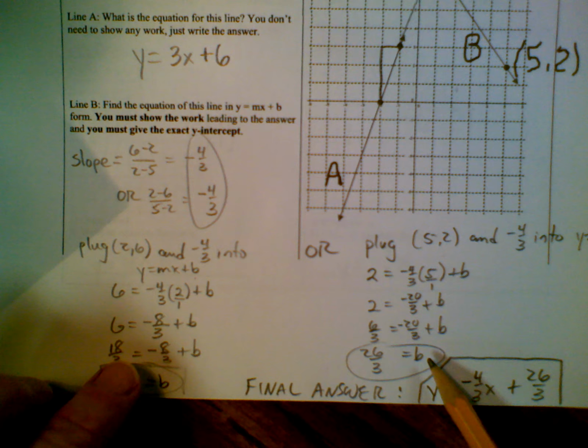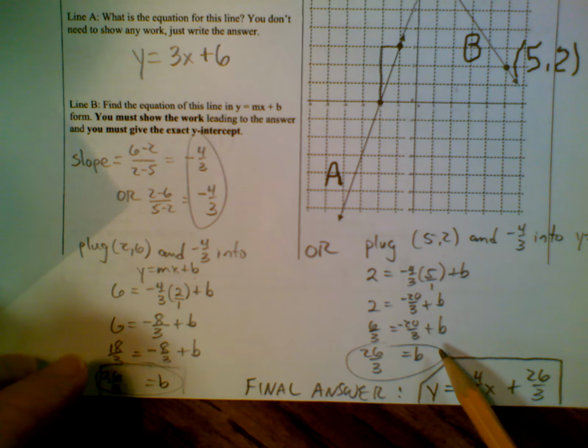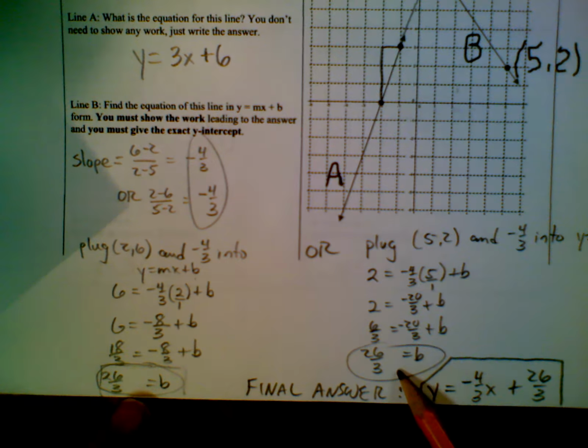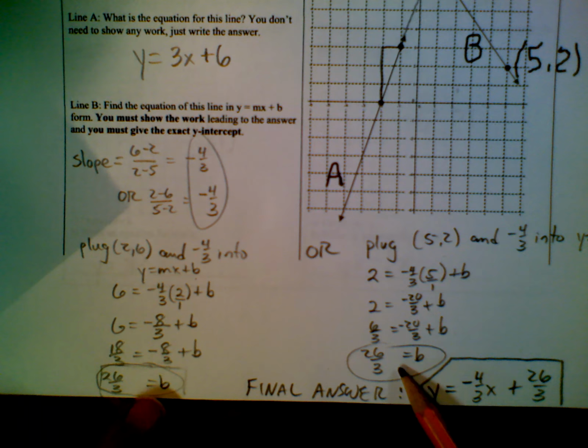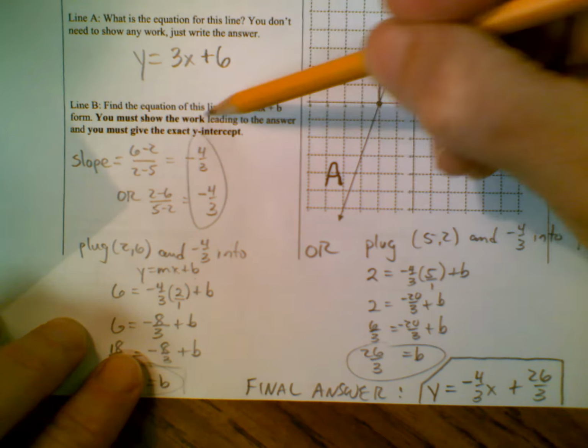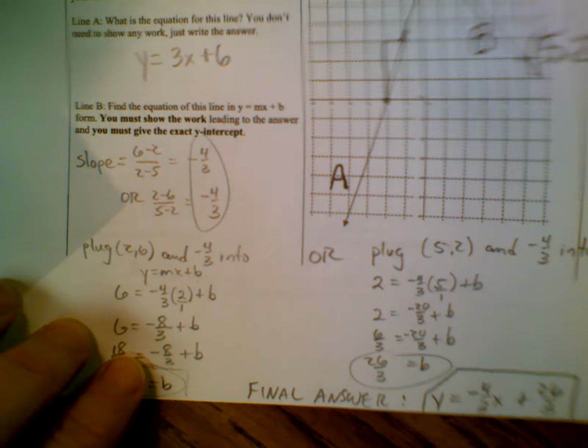I'm not going to go through all these steps because it's all posted. But if you do the arithmetic and the algebra correctly, either way, you're going to get b is equal to 26/3. And so the final answer is y equals negative 4/3 x plus 26/3, because I asked for the equation of the line and not just the slope.